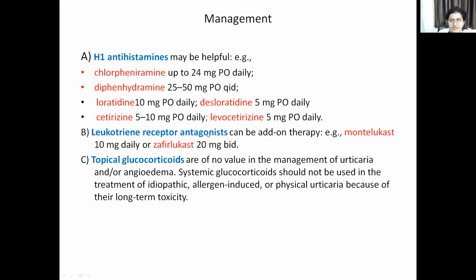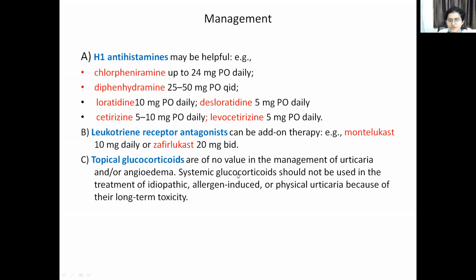Then leukotriene receptor antagonists, montelukast and zafirlukast. They can be an add-on therapy, not a regular therapy. If the person is not responding to these drugs, you can add on montelukast and zafirlukast. Typically glucocorticoids are of no value in the management of urticaria and angioedema. Mostly it's not needed.